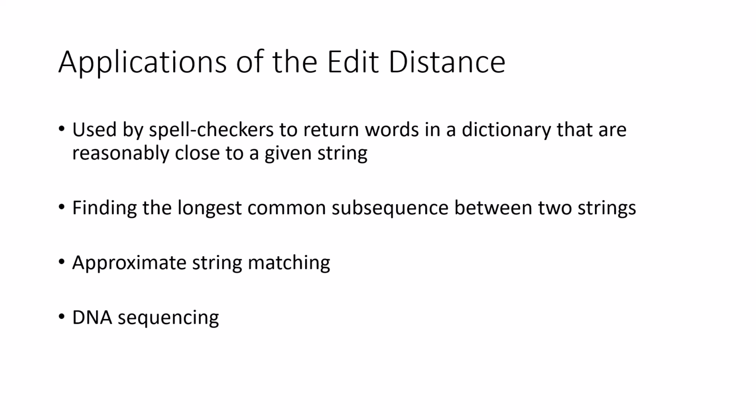The text editor has a dictionary of valid words, and it tries to find the smallest edit distance between the word you misspelled and a word in its dictionary. Maybe the top 3 contenders, the smallest 3 edit distances between your word and the dictionary words, would be the words that it suggests to you.